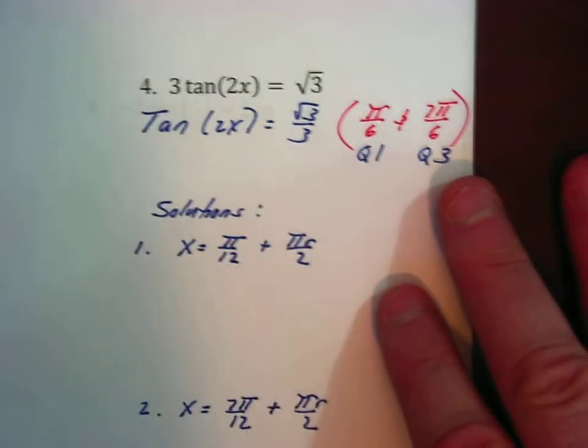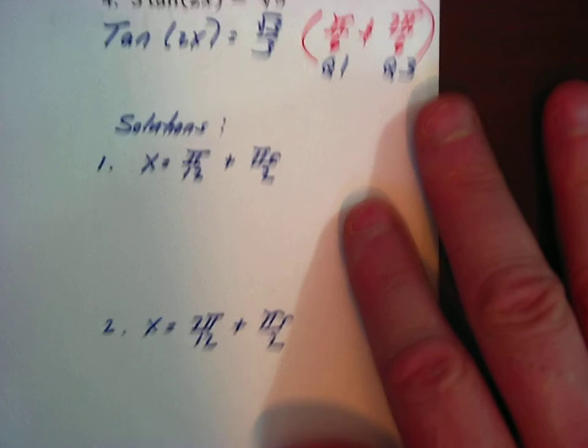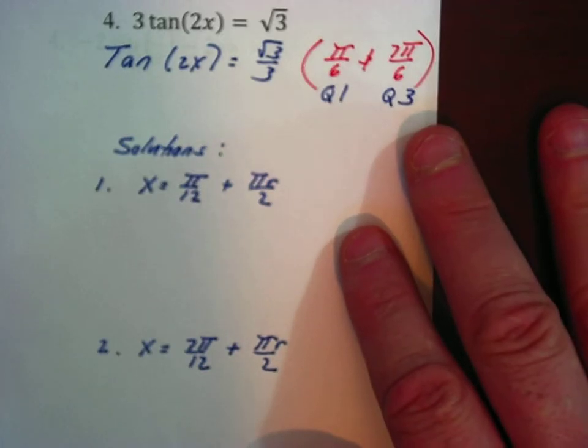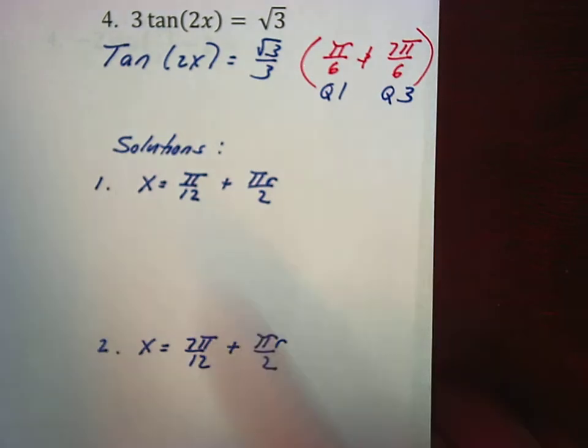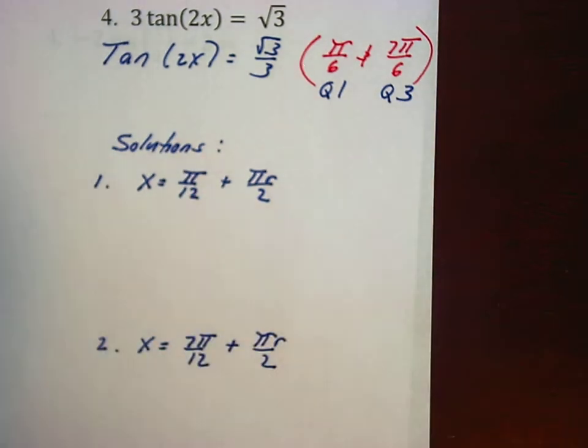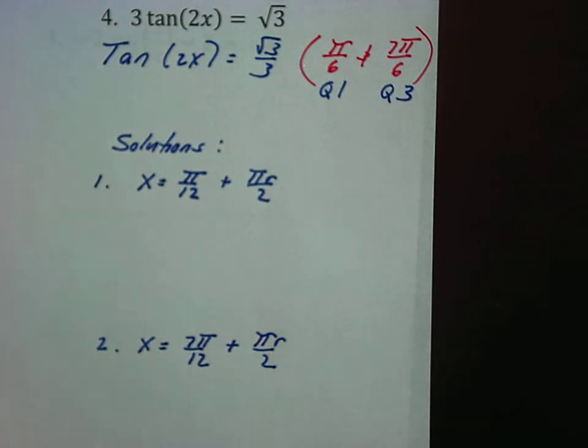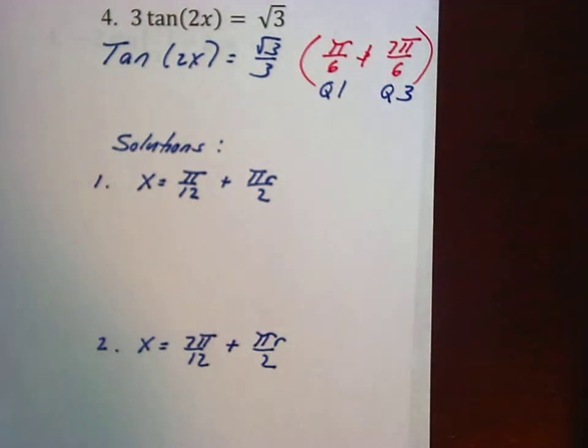All right, we're going to look at one more problem, tangent. So this is number 4. So same deal as before. I'm going to do problem number 1, and I'm going to look to get some type of pattern so that I can use it for problem number 2. Those are your 2 solutions for that problem.